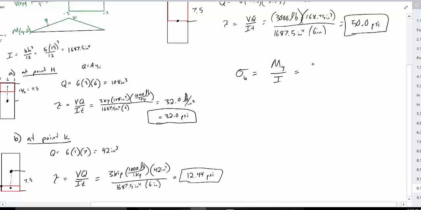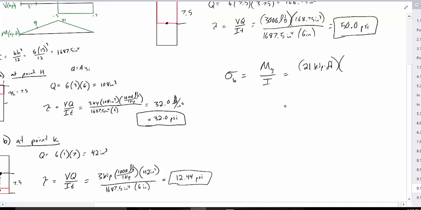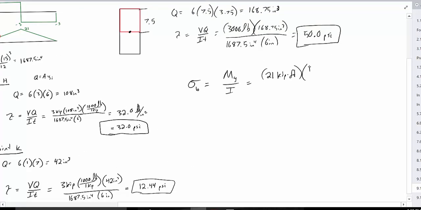So we'll say we have our moment, which is 21 kip feet, which we determined in the first part of the problem. And we'll change that units to inches per 1 foot. And then our distance is 7.5 inches divided by our moment of inertia, which is 1,687.5 inches to the fourth.